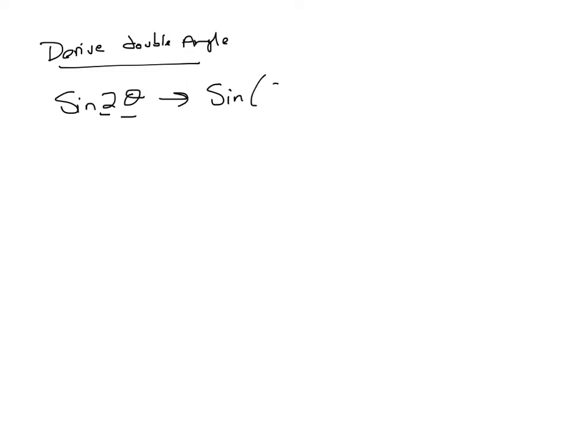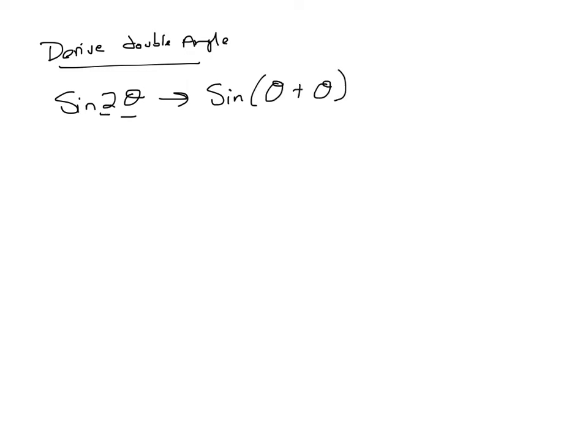We're going to derive our double angle formulas. Okay, so we have sine of 2 theta. I'm doubling the angle. Well, sine of 2 theta is the same as sine of theta plus theta, right?